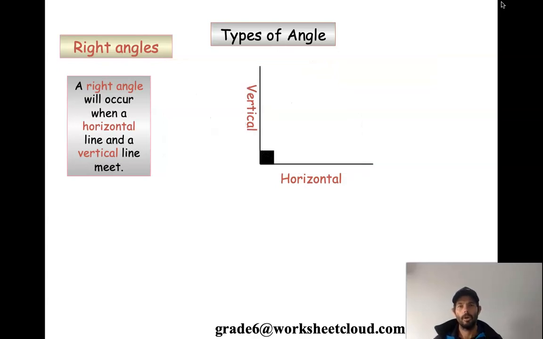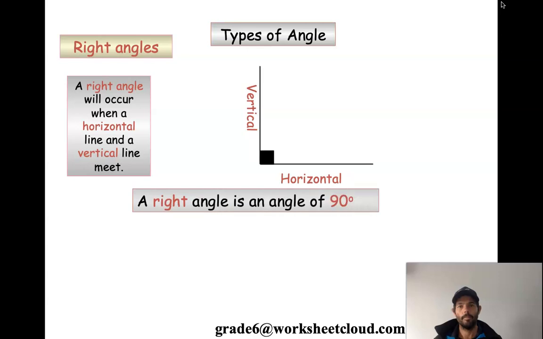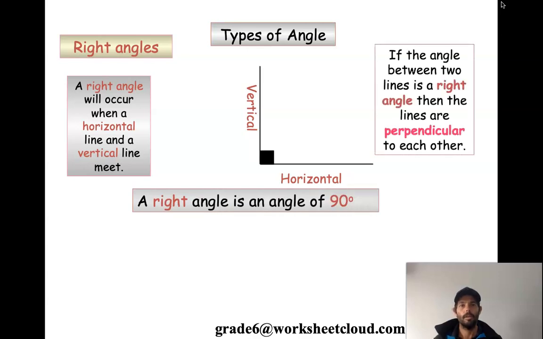That is how we normally show 90-degree angles, by using a little square. The reason we use a square is because every single angle in the corner of the square is 90 degrees. And a right angle is an angle of 90 degrees.